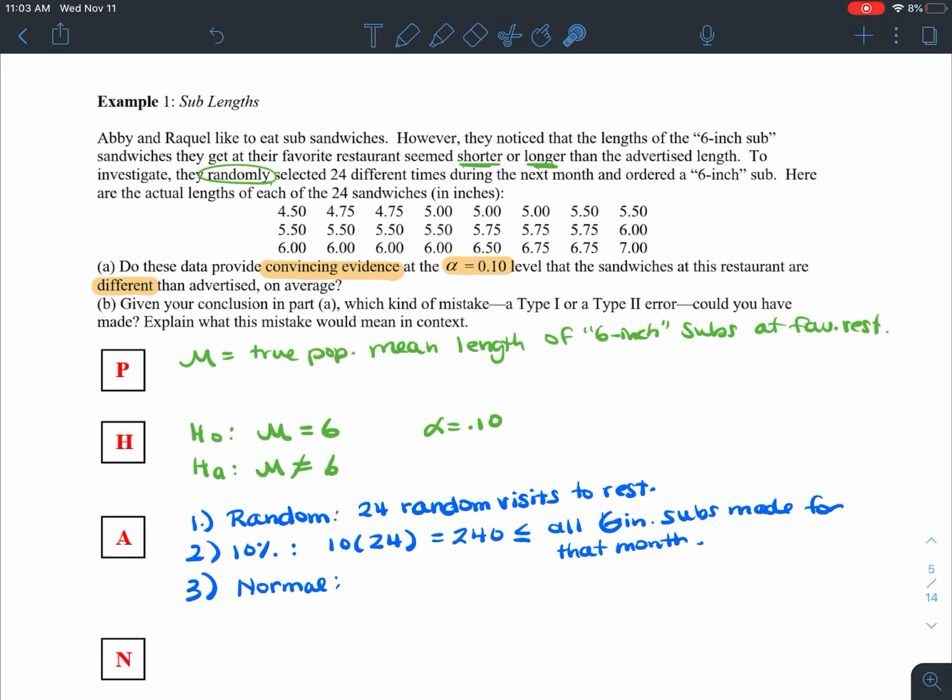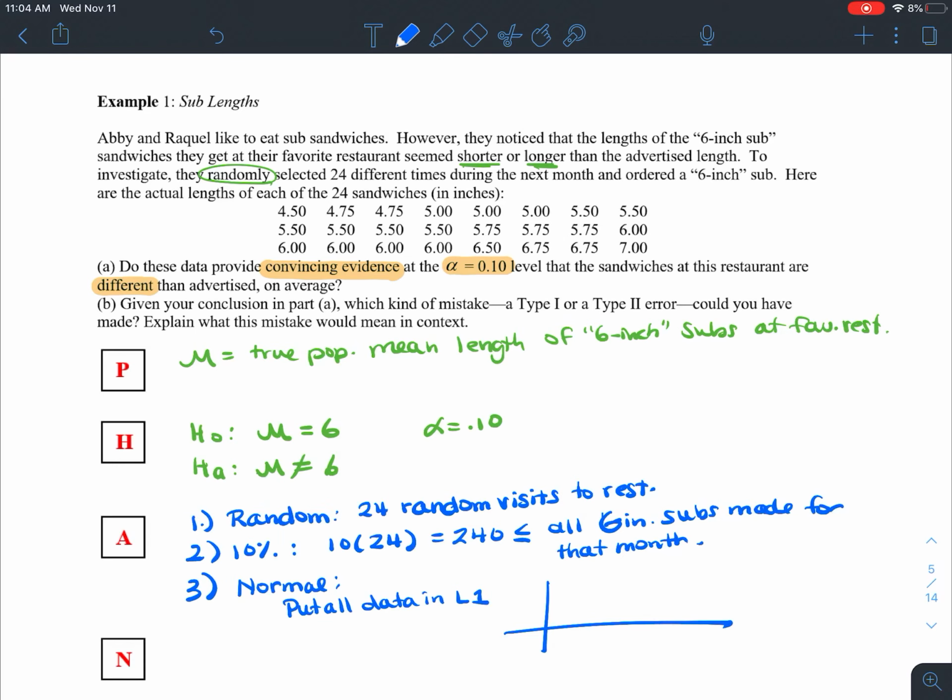You would take all of this data and put all the data in L1. After you have that in L1, you would want to go to second stat plot. You'd want to turn on your box and whisker plot, and you would simply record how that box and whisker plot looks on your paper.